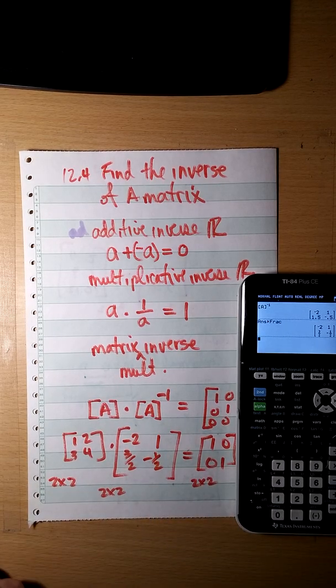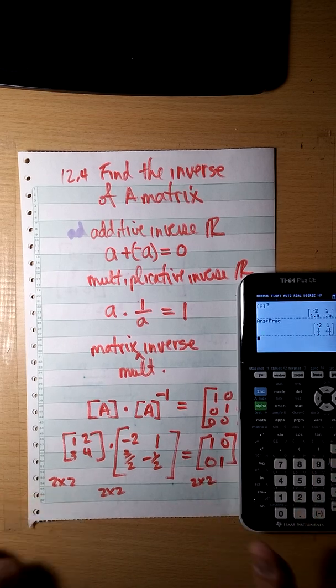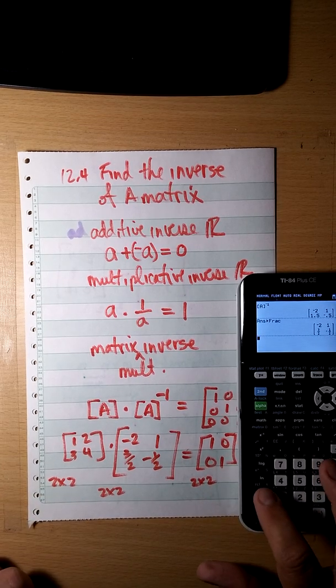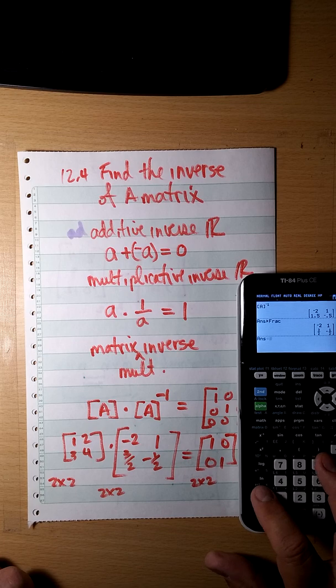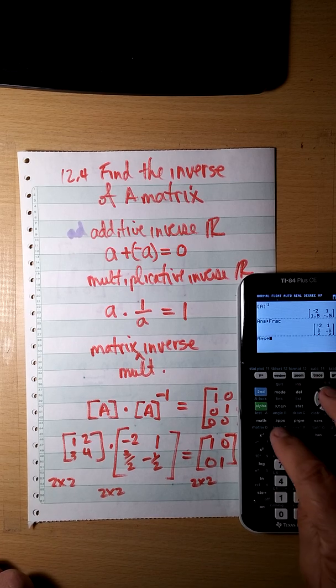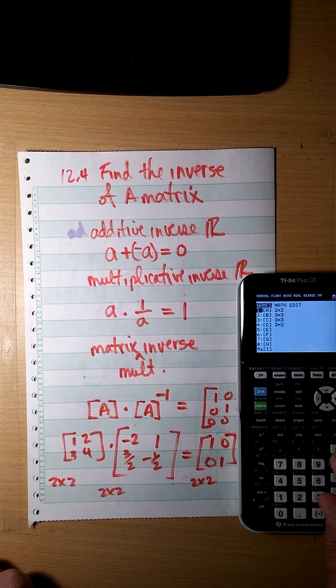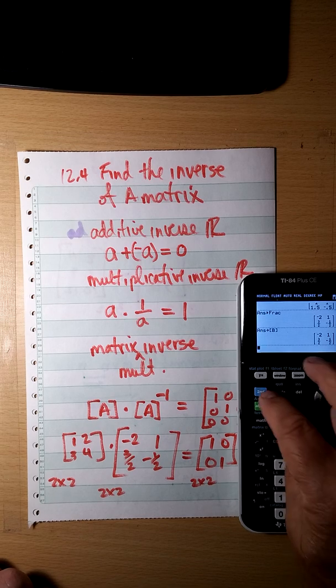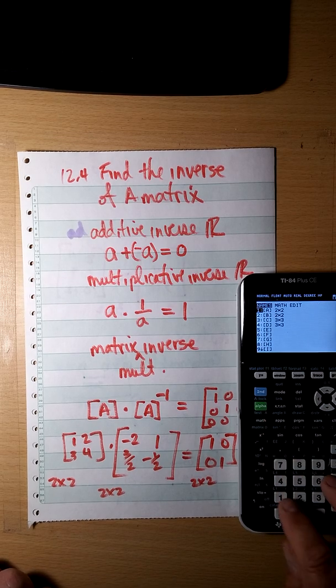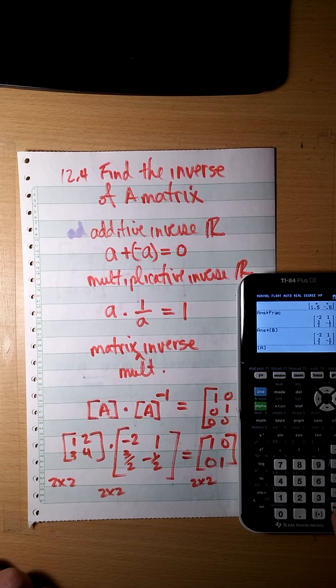That is the identity. Why? Well, let's store that. First of all, you can store it into another matrix, store, and I'm going to put that in second matrix, matrix B. So we're going to store our answer into B. Now, if you go in, second matrix, A is the 1, 2, 3, 4.